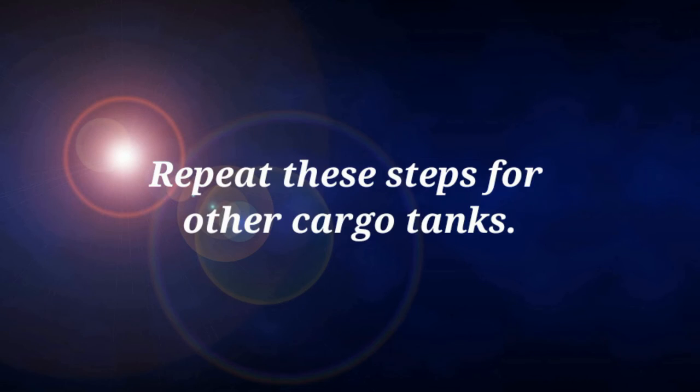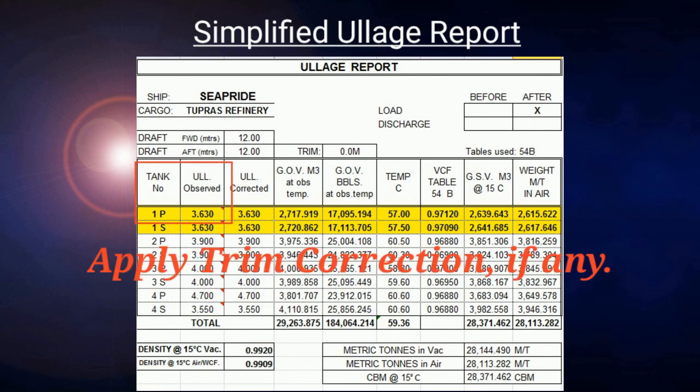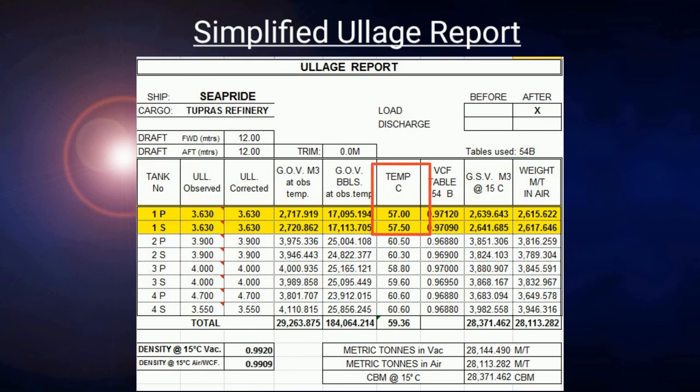Repeat these steps for the other cargo tanks and you would get the total quantity of cargo loaded. Take a look at this example of a load report on my vessel. In one port cargo tank, we measured 3.63 meter ullage and a temperature of 57 degrees Celsius. Using the ullage table, we would get the observed volume as 2717.919 cubic meters.